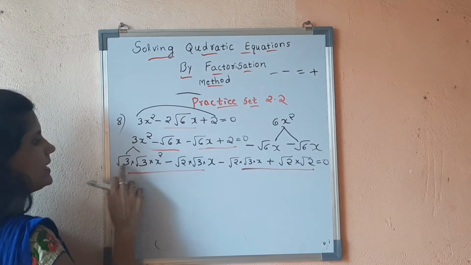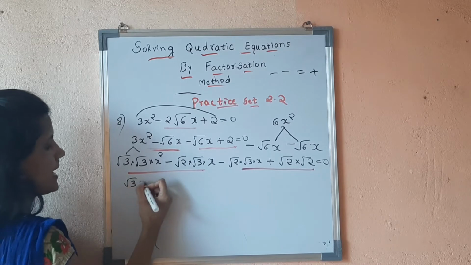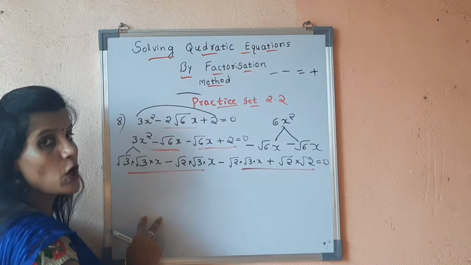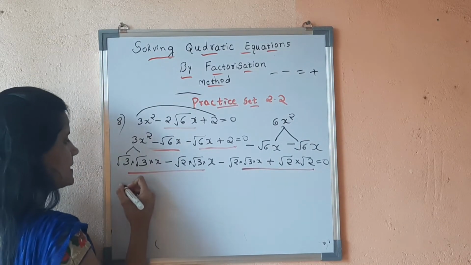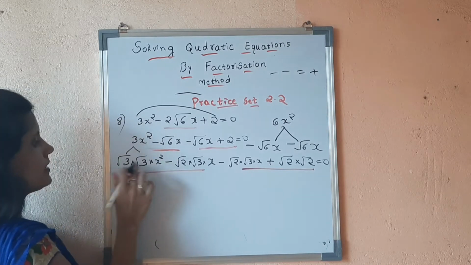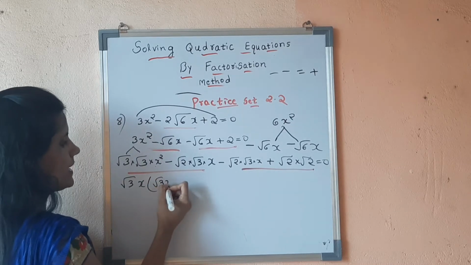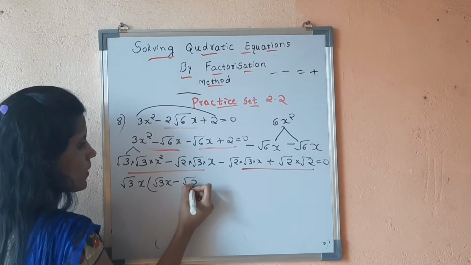For example, what is common here? Root 3x is common, so I will take root 3x. In this part, what is common? See, root 3, here we have x square, so root 3x I will take. So what is remaining here? You will get root 3x remaining, minus root 2. Why?